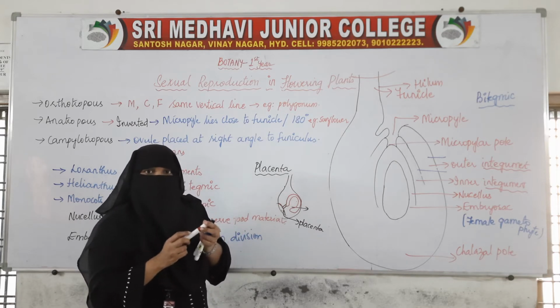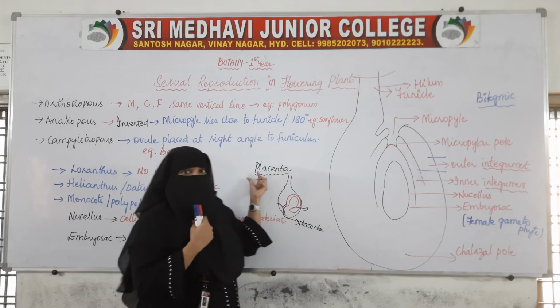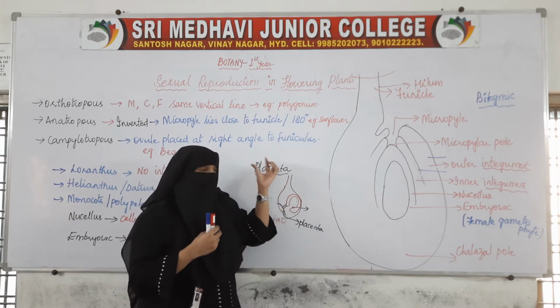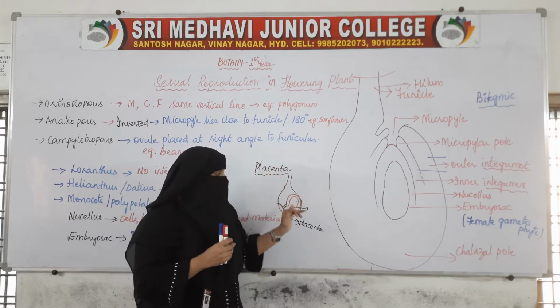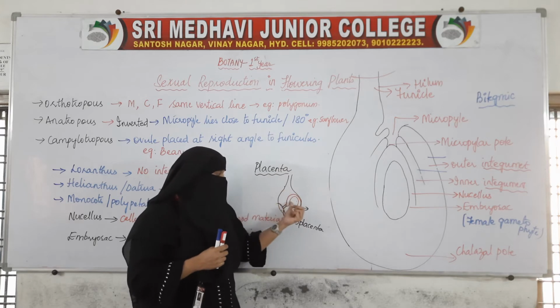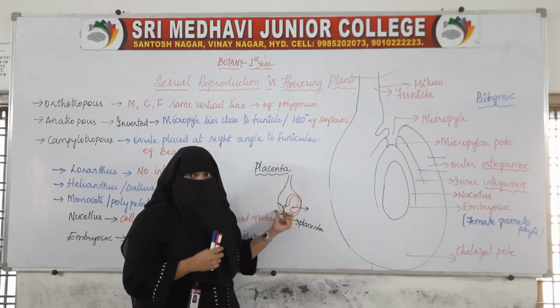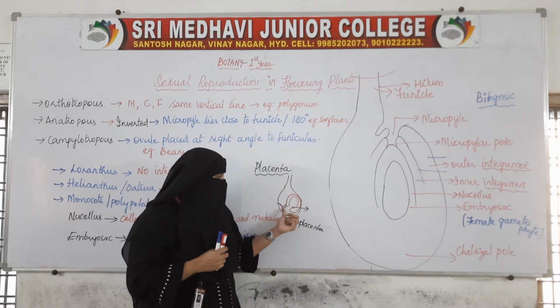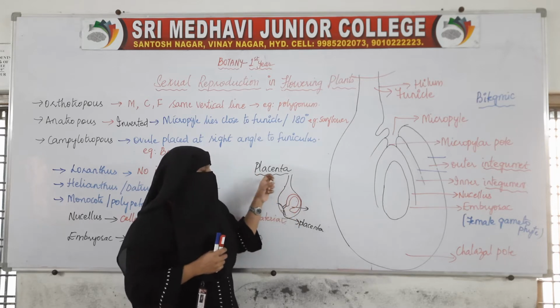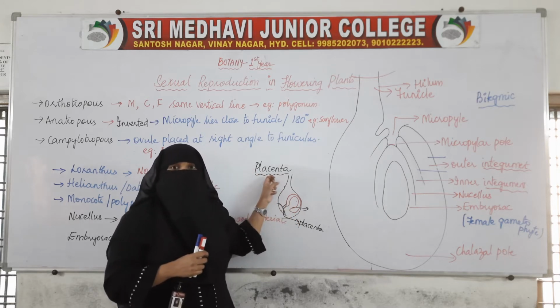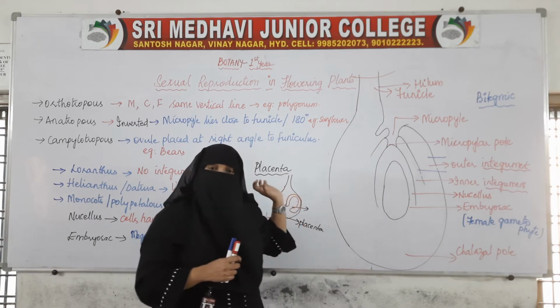I don't know what word I said earlier, it might be a slip of tongue, but you just remember that inside the ovary a cushion-like structure is present, which is called the placenta.